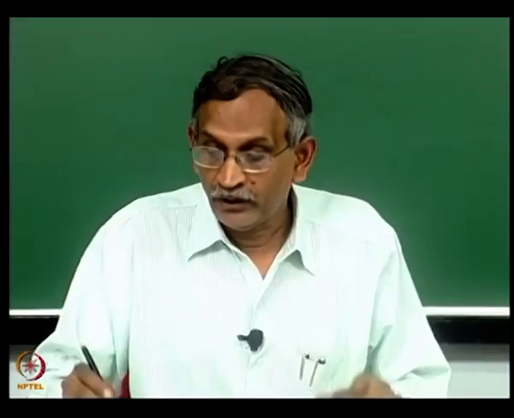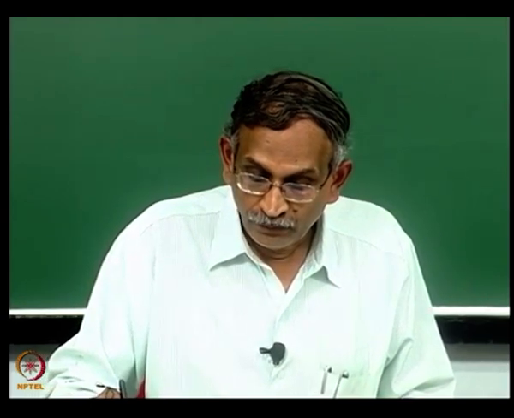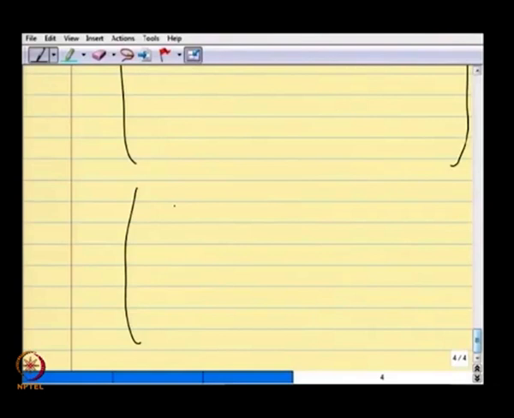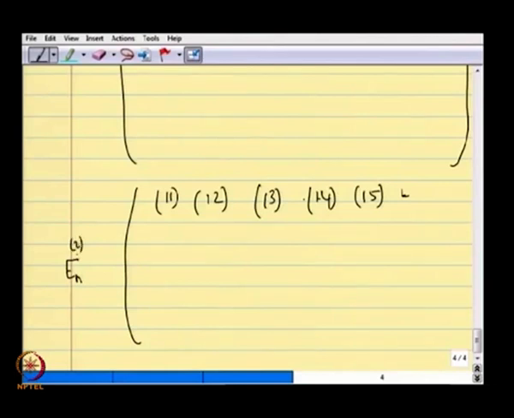Therefore we are taking, if you write this as 1 1, 1 2, I think that is a better way of writing it, 1 3, 1 4, 1 5 and so on, and if you do that, the perturbation correction to En2 is given by the matrix element, suppose this is the second energy level, then we have the matrix element 1 2 as the first item divided by the energy difference between 1 1 and 2 2.